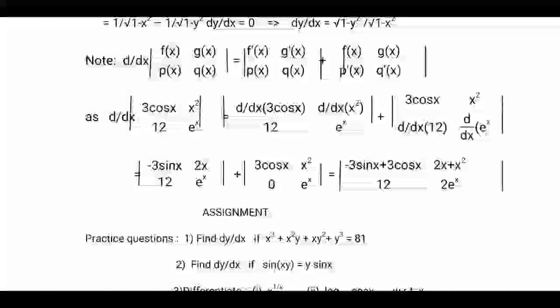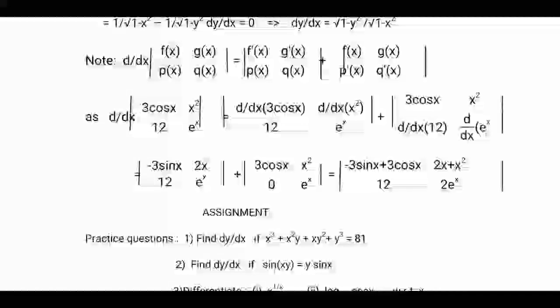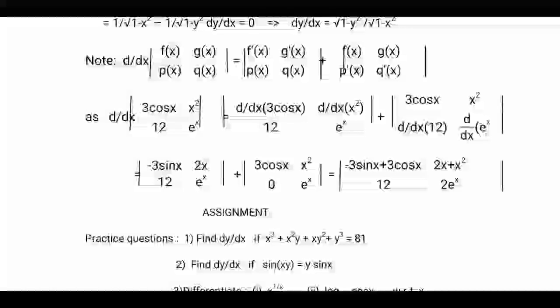After differentiation we get minus 3 sin x and d upon dx of x square, that is 2x. Second row 12, e power x. Now differentiation of 12 is 0, it is a constant.